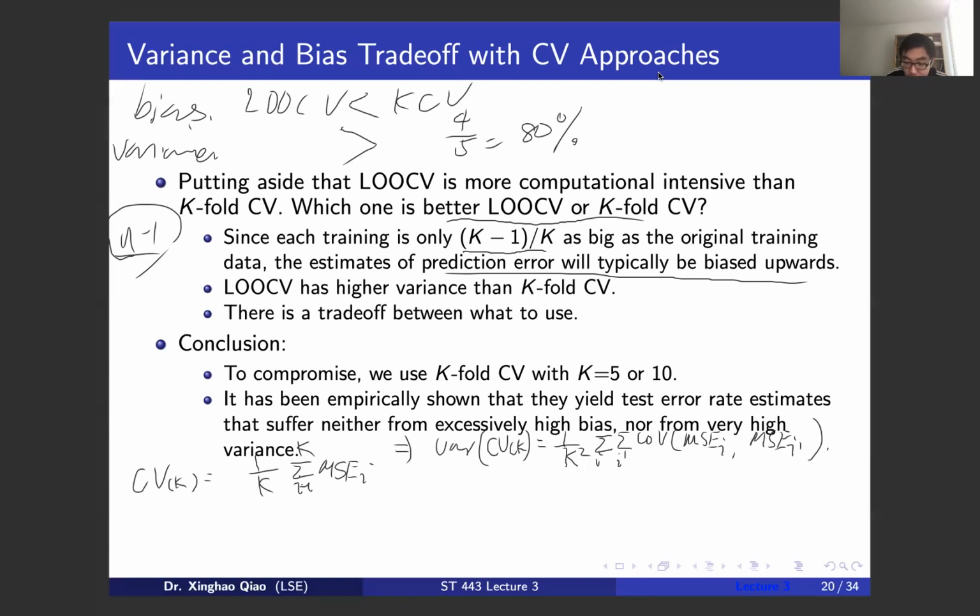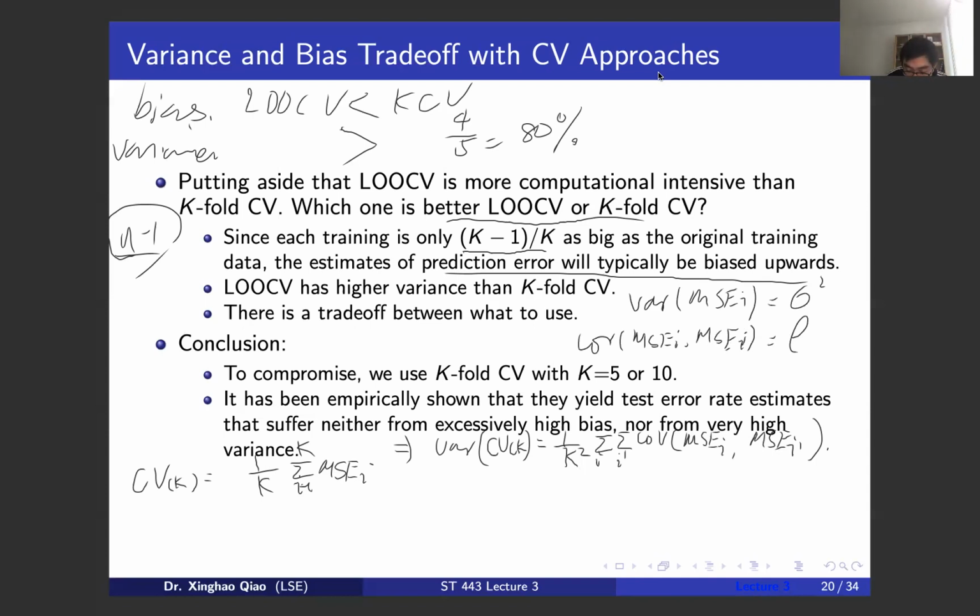Now suppose we assume that the variance of the MSE_i is constant, so we treat it as sigma squared. And the correlation between MSE_i and MSE_i prime equals rho, meaning that different MSEs have a constant correlation.